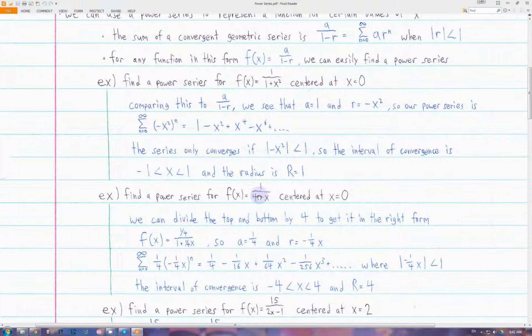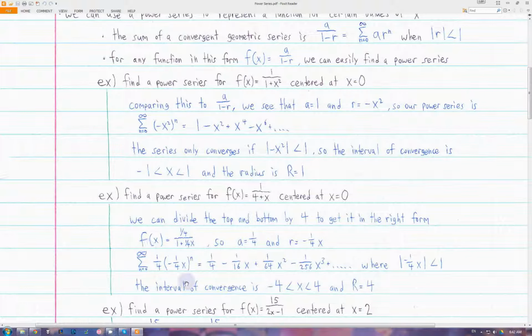So for this function, 1 over 4 plus x, we need to divide the top and bottom both by 4 in order to get it in the form a over 1 minus r. So when we divide by 4, we get this, and then we can see that a is 1/4 and the ratio is negative 1/4 x.